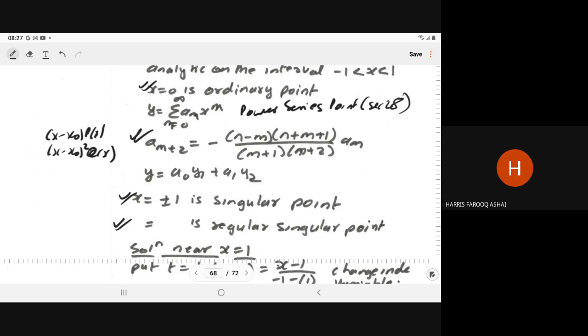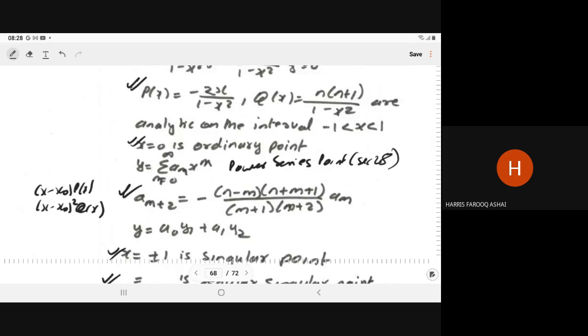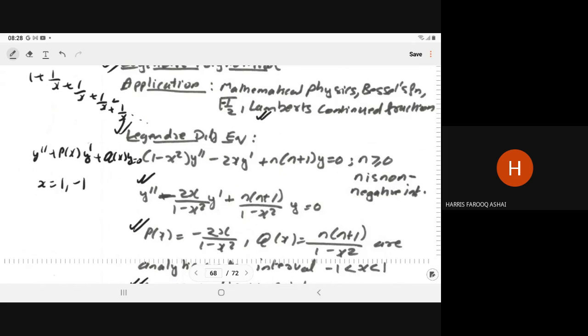Now for the regular singular point, what is the nature of the solution? The solution is a Frobenius series solution. In that case, we determine the solution by the Frobenius series method. First, we determine it for x equal to 1. When we determine the solution near x equal to 1, look at the Legendre equation.